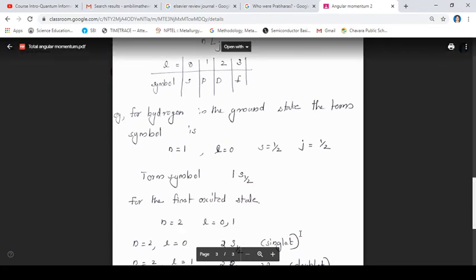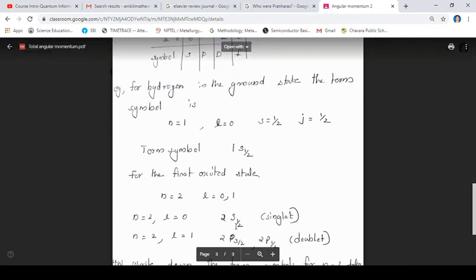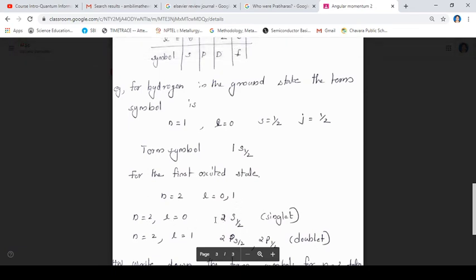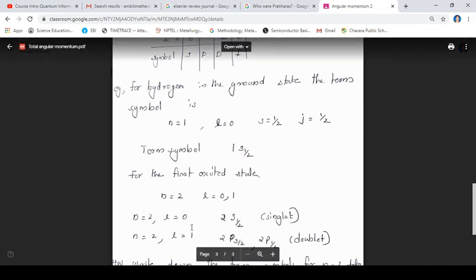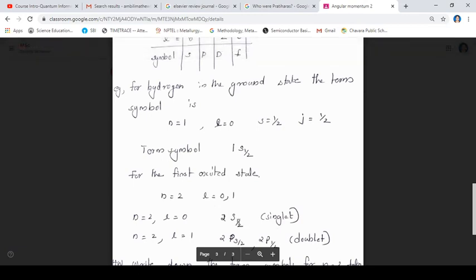So now the interesting case is that when n equal to 2, l equal to 0, the state is represented as 2s half, because l equal to 0 is an s state, n equal to 2, and J is equal to half. And you can call this a singlet state.